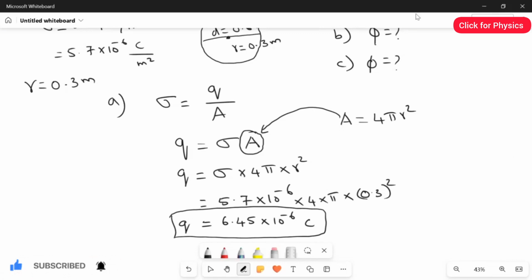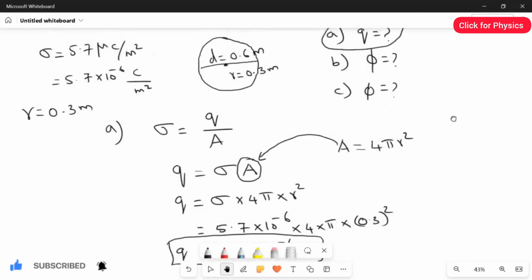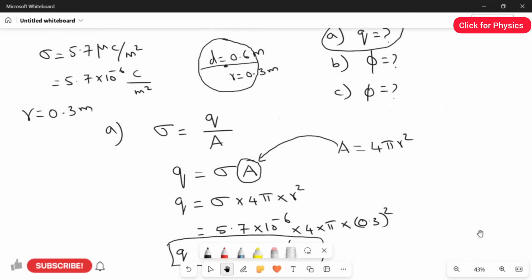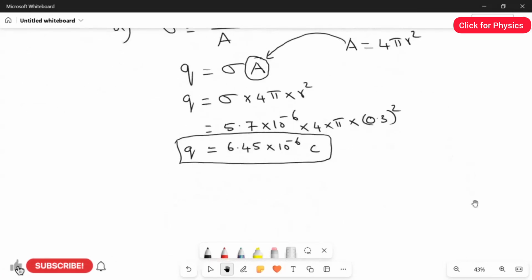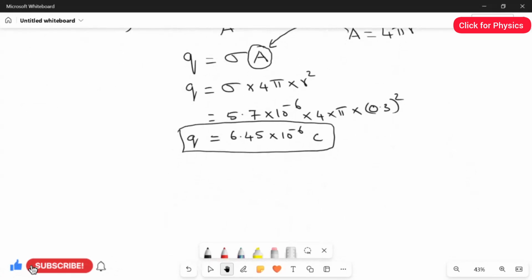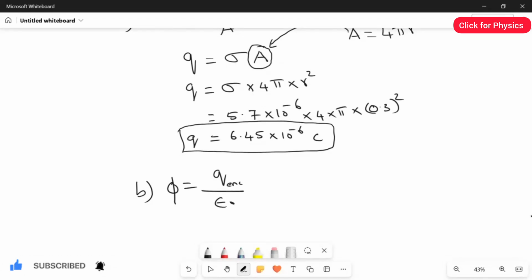In the second question, we are going to find the total flux phi. As we already know, the formula for the flux phi is equal to the charge enclosed divided by the permittivity constant. This is the charge enclosed, am I right?